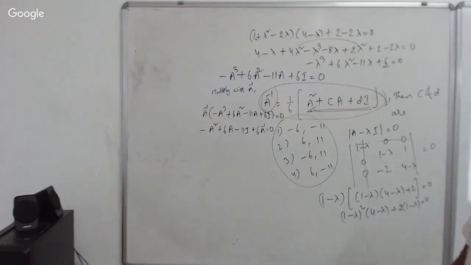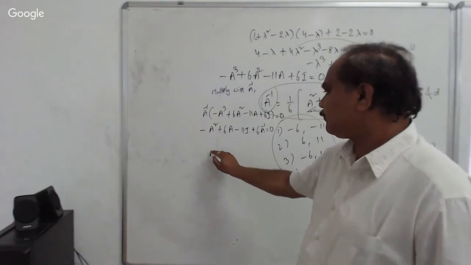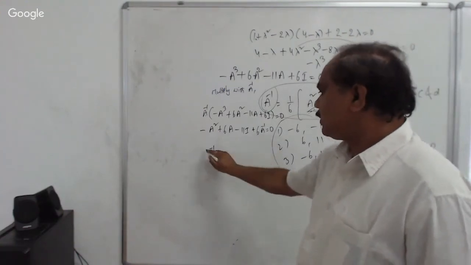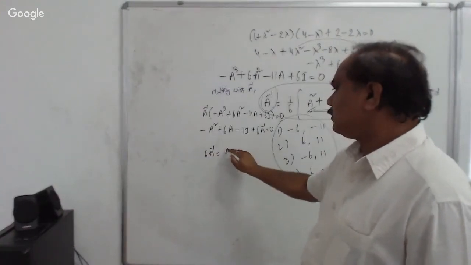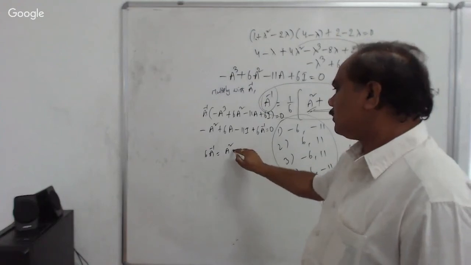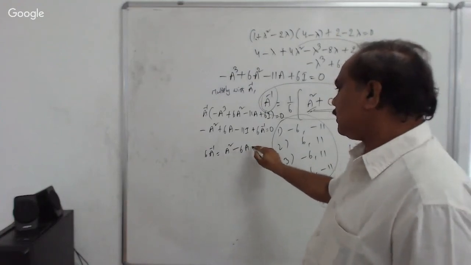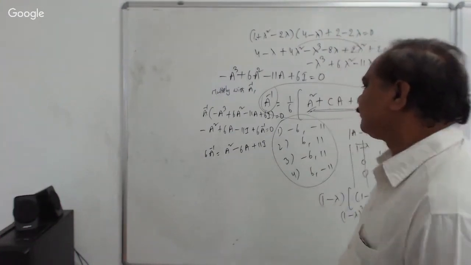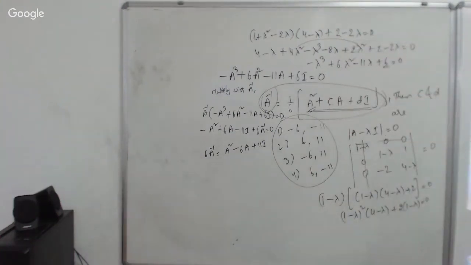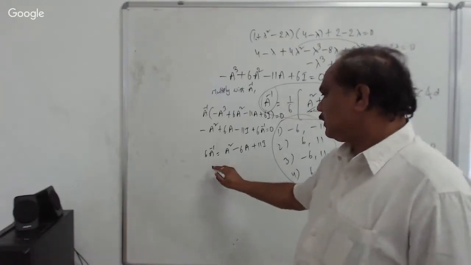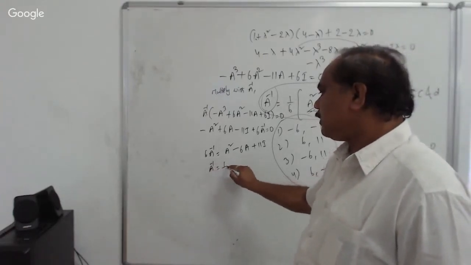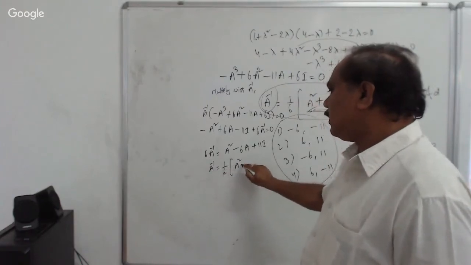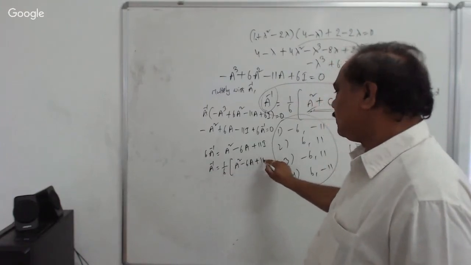Now 6 into A inverse equal to A square minus 6A plus 11I. Now A inverse equal to 1 by 6 into A square minus 6A plus 11I.